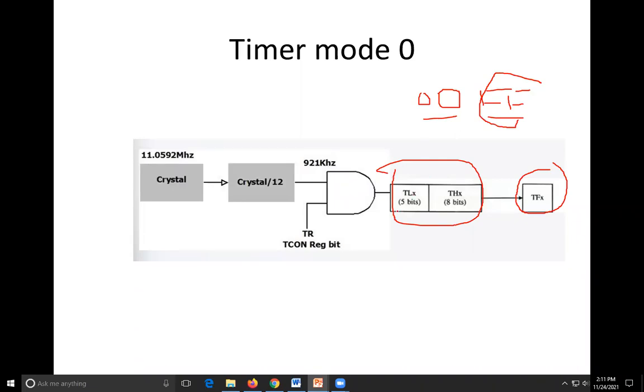So up to 13 bits, you can count the number or create a delay by using mode 0.